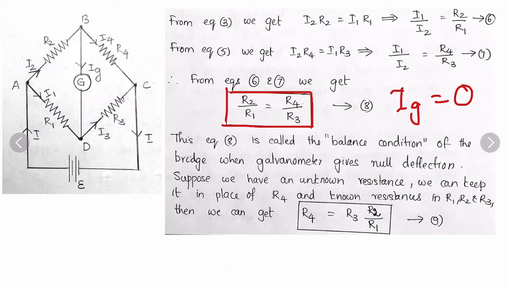All of them are based on the balancing condition of the Wheatstone bridge. So this topic is useful for theory as well as for your lab. Therefore, learn it carefully.